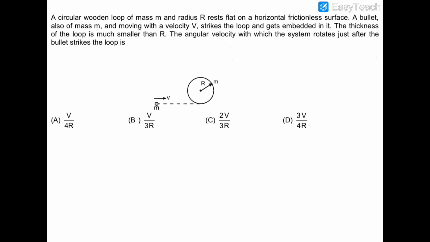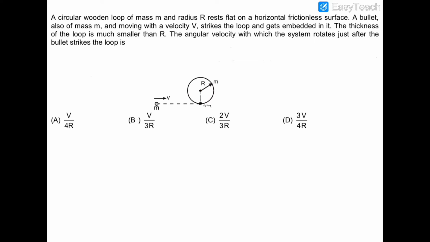So in these kinds of questions in which there is no hinge, we need to find out the combined center of mass after the collision. So after collision, there will be a mass m at this point, and the center of mass of the ring would be m concentrated at this point.